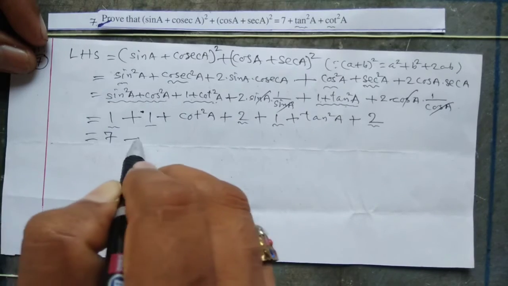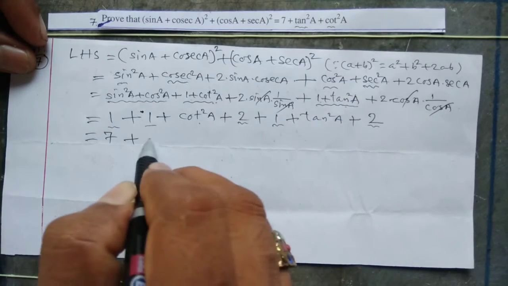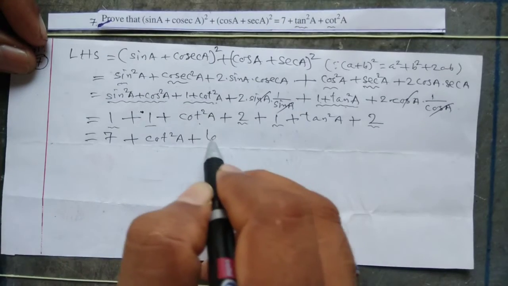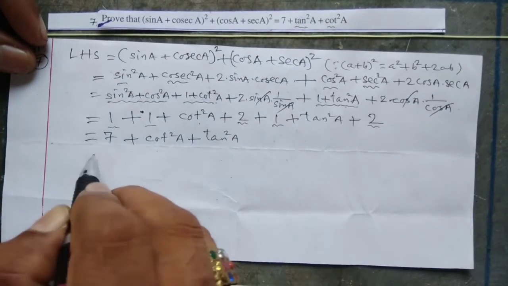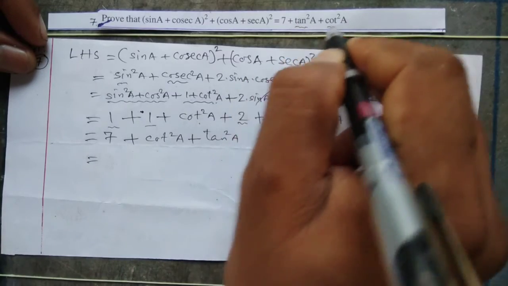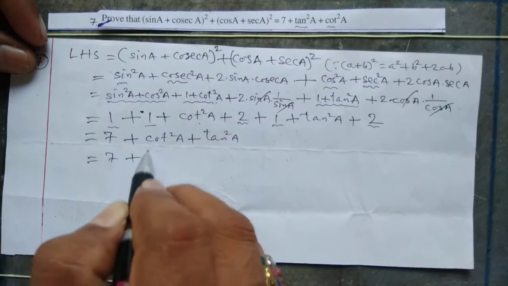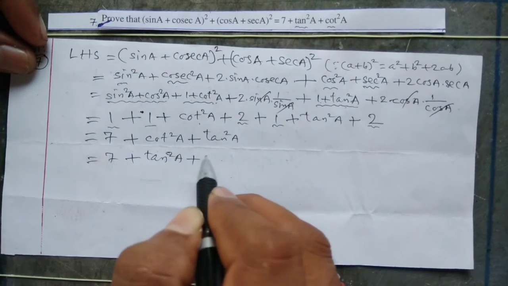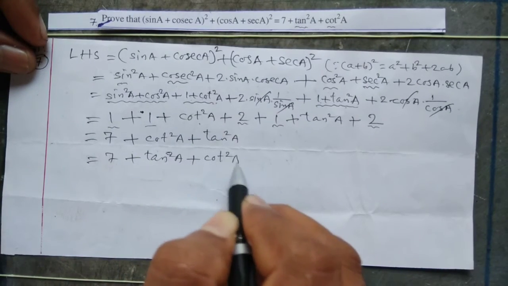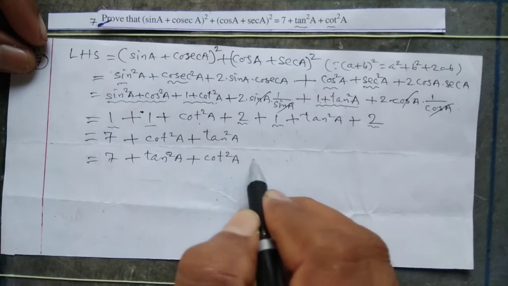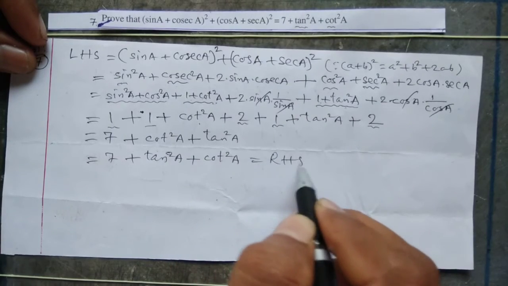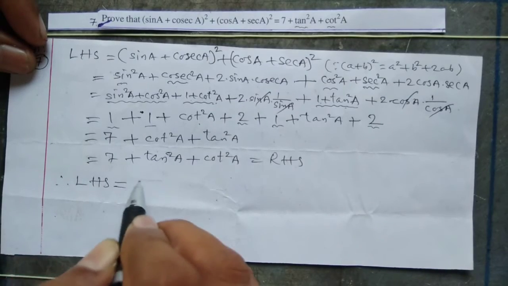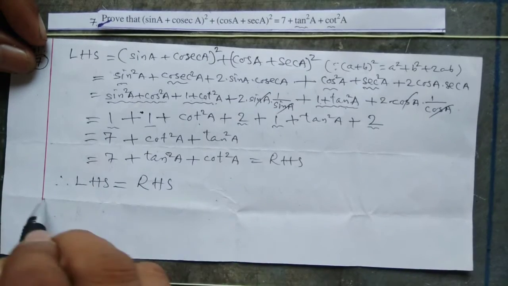So 7 plus cot square A plus tan square A. Just we have to arrange like this. 7 plus tan square A plus cot square A. This is RHS. Therefore LHS is equal to RHS.